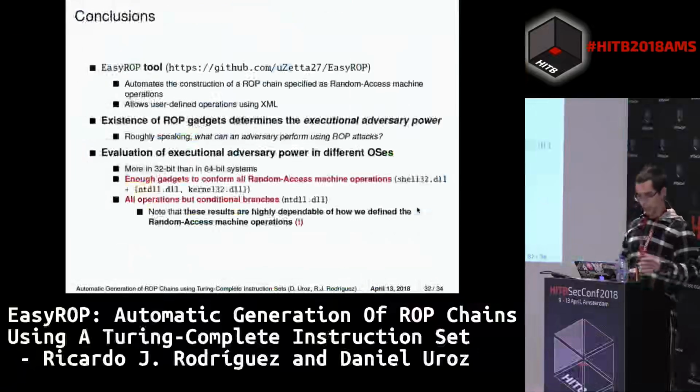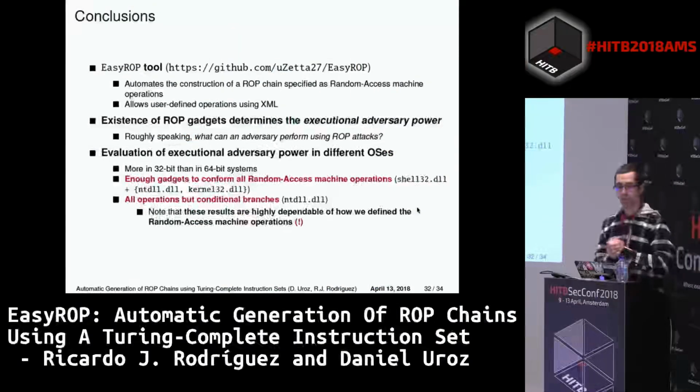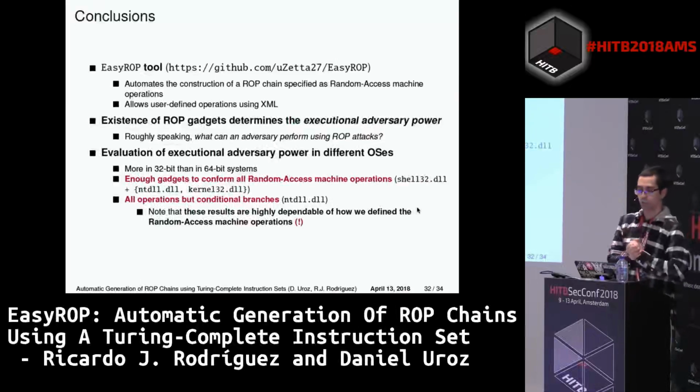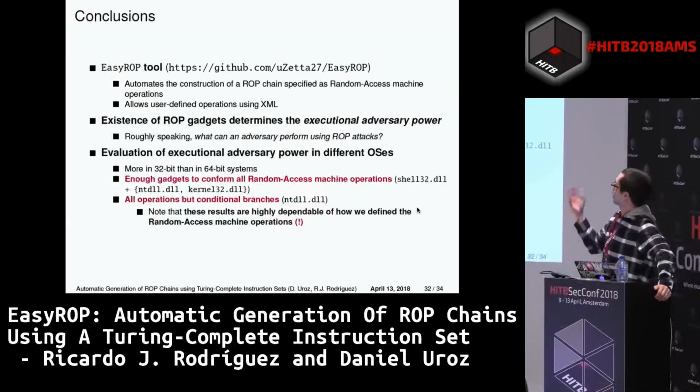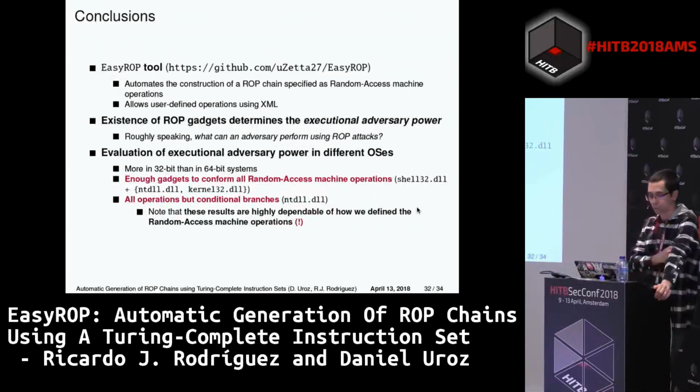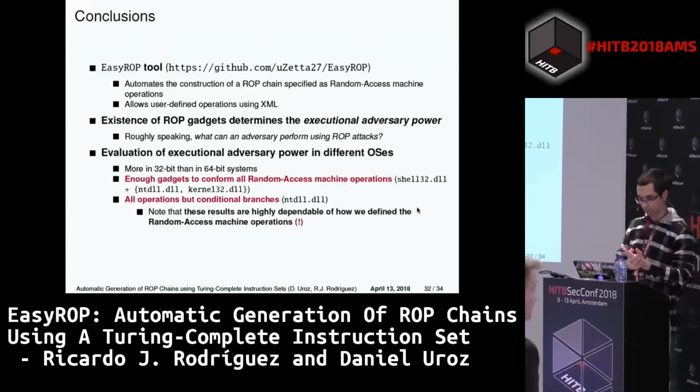Well, we have developed this tool which allows us to automate the construction of the ROP chain, specified as random access machine operations. It also allows the user to specify their own operations. And we have evaluated the executional adversary power in different Windows OS. Okay.